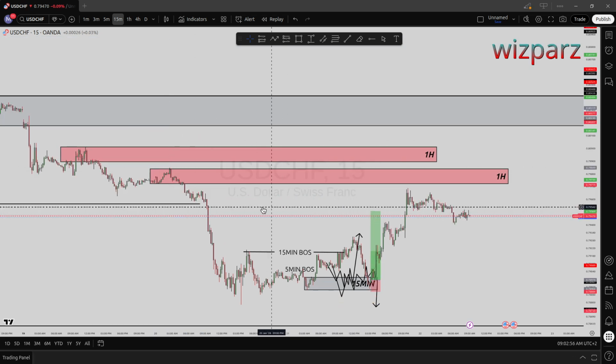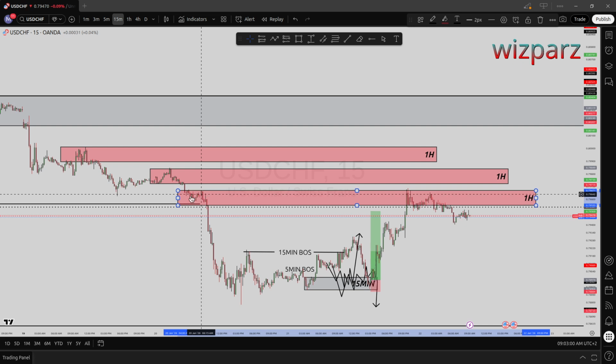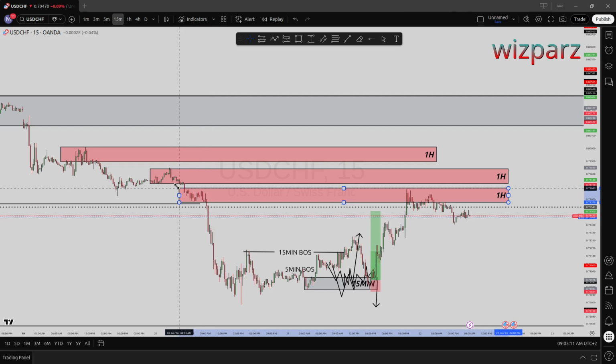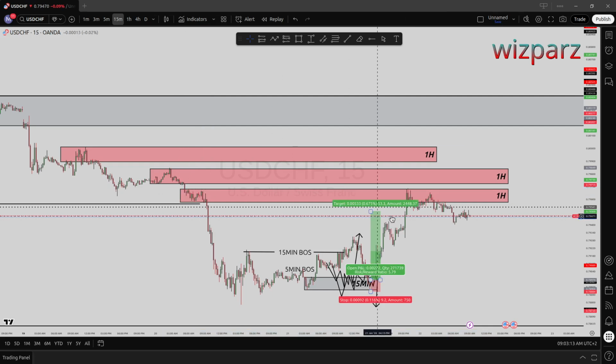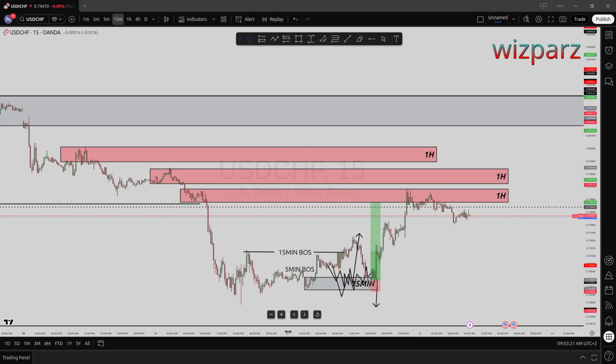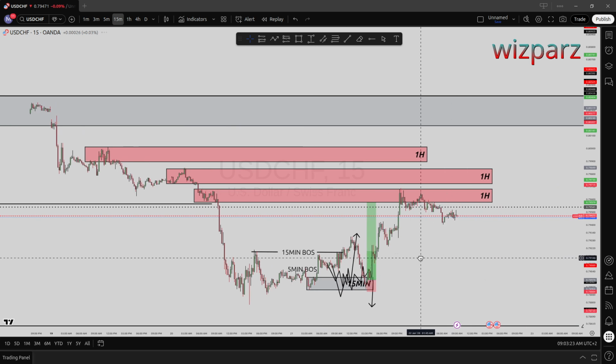Because of that, we have to take a trade, but targeting the first supply area. The first supply area is here, targeting the first supply area here. And as you can see, it was a 1 to 6.5 setup. This was a really nice trade.